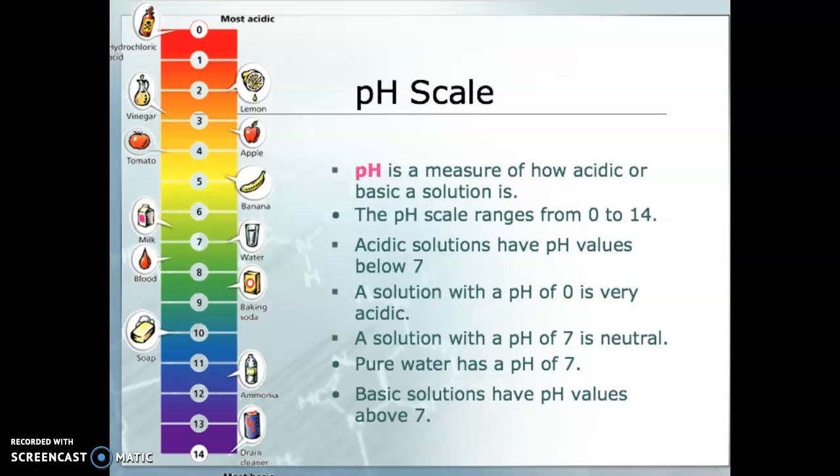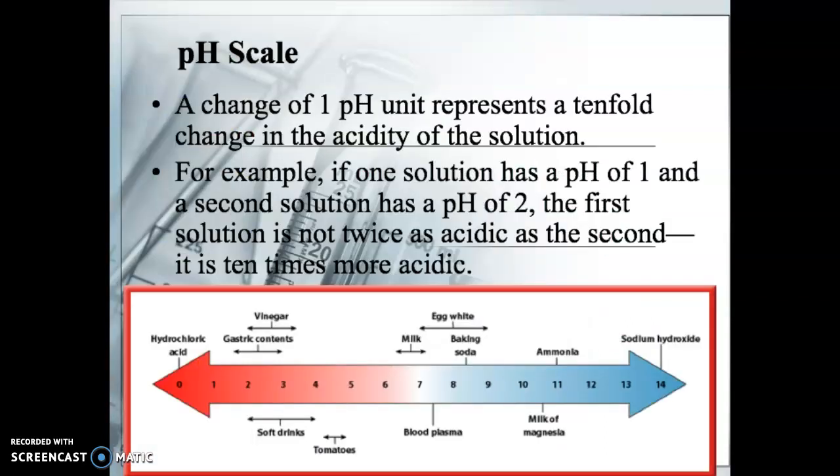The pH scale is tenfold. For example, if one solution has a pH of 1 and a second solution has a pH of 2, the first solution is not twice as acidic as the second. It's 10 times more acidic than the second.